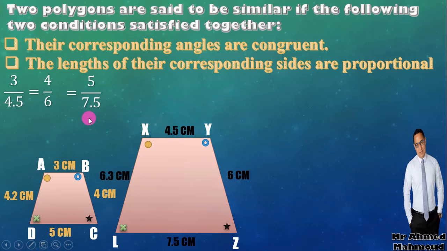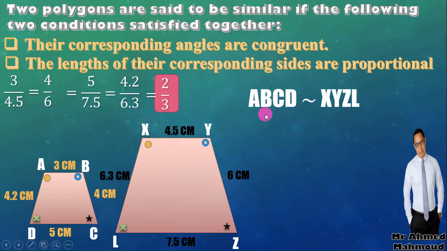And the ratio 5 over 7.5 equals also 2 over 3. The ratio 4.2 over 6.3 also equals 2 over 3. All ratios are constant, equal to the constant ratio 2 over 3. So this is a proportion between the sides. Proportional means there is a constant ratio between the corresponding sides.